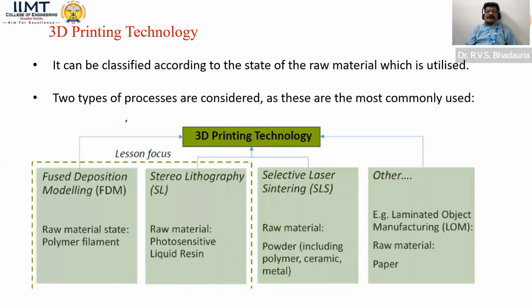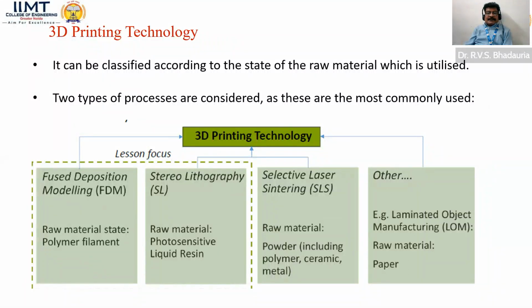Now we'll discuss the technology involved in 3D printing. Technology or process is classified according to the state of the raw material utilized in the process. The bifurcation of 3D printing is four types. The first one we discussed already, fused deposition modeling, FDM.